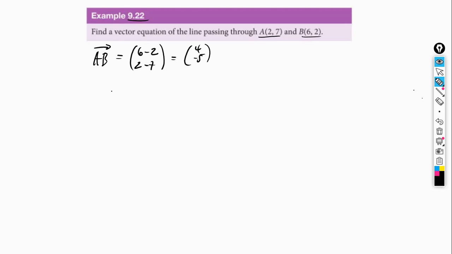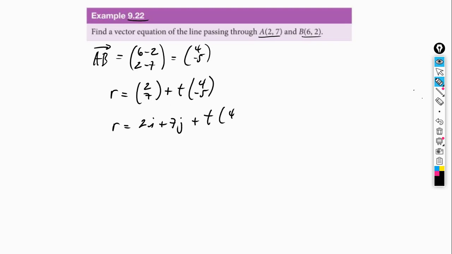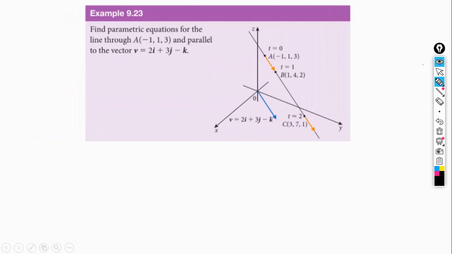So we can say that r is equal to (2, 7) plus t times the vector (4, -5). Another way of writing this, of course, would be that r is equal to 2i plus 7j plus t times (4i minus 5j).